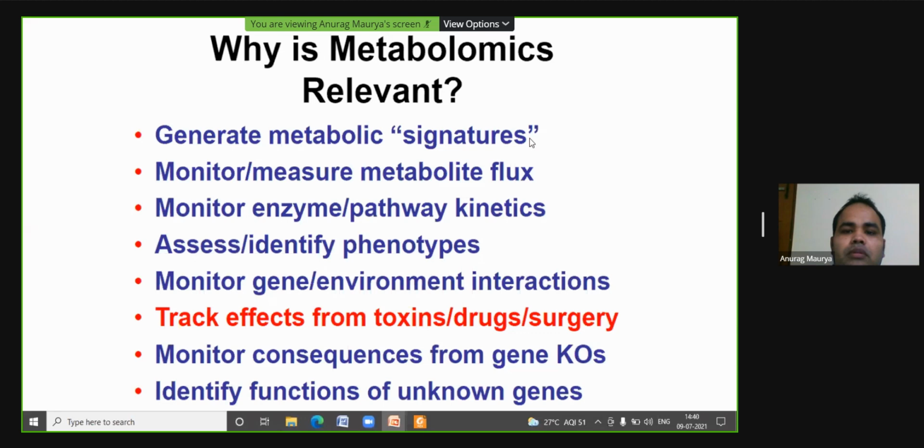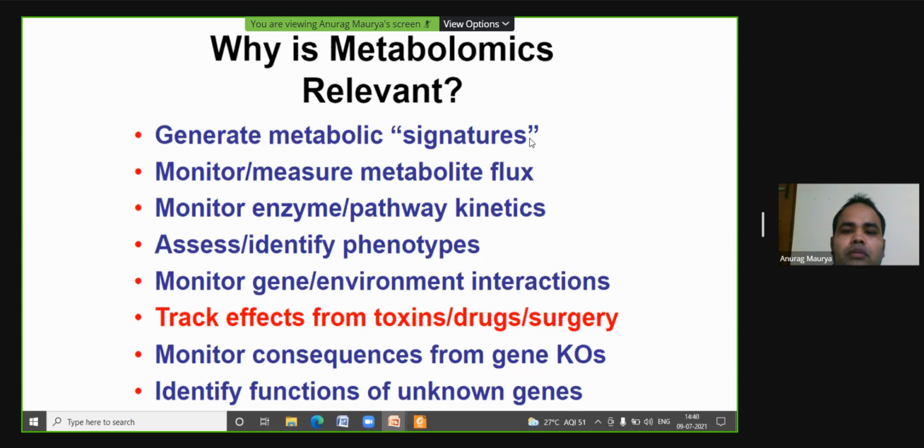And he didn't know the molecular signature, but when he studied, he found signature molecules on the basis of which you can easily assess whether the person is affected by the pollutant or not. So molecular signatures, metabolic signatures can be identified by adopting at least one approach of metabolomics.